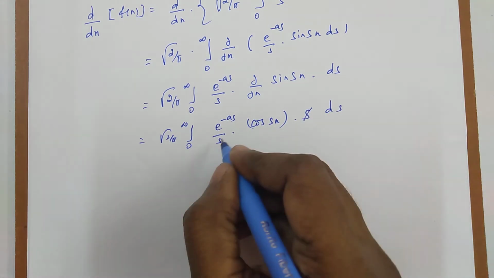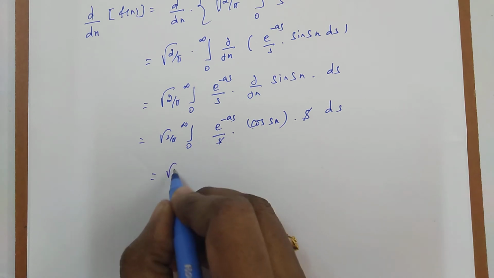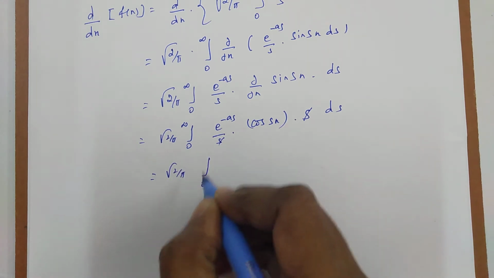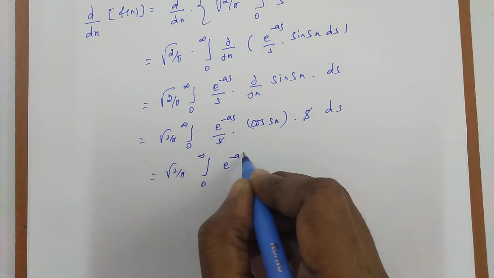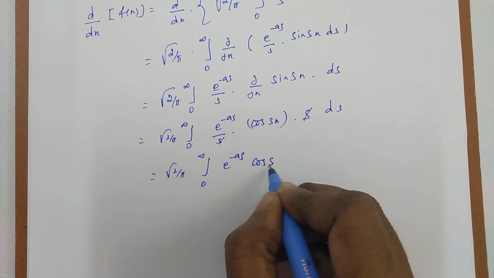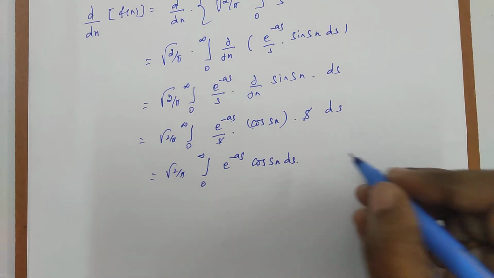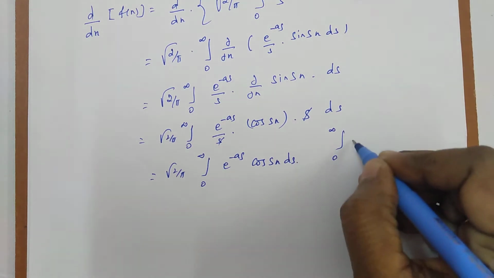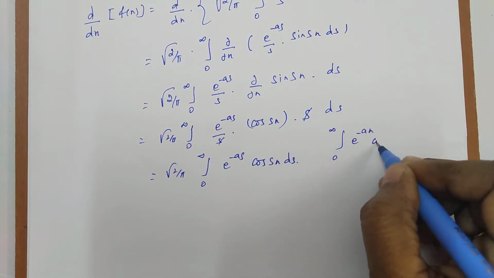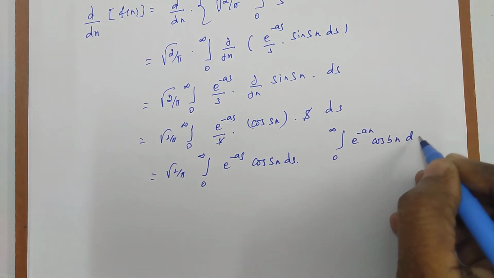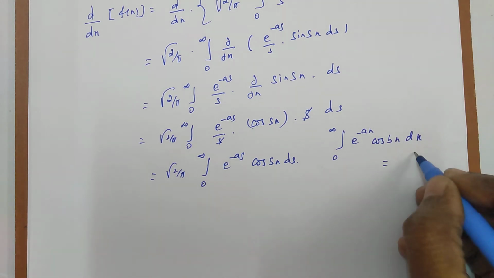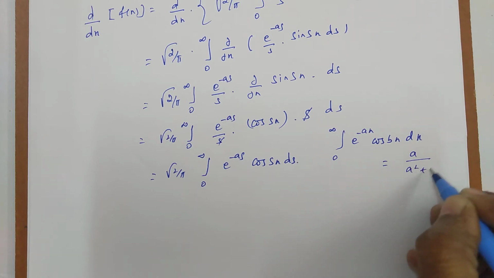Here s and s will be cancelled, so we get root of 2 by pi integral 0 to infinity e power minus as cos sx ds. As we know very well, this is of the form integral 0 to infinity e power minus ax cos bx dx. What is the result for this? The result is a by a square plus b square.